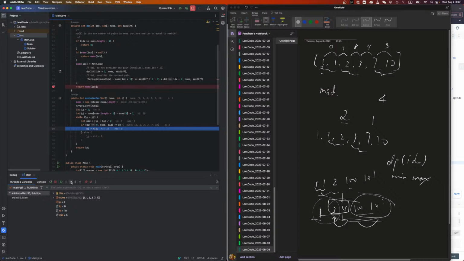Yeah, I think it's wrong. What I see is, what's this return? It's 3.